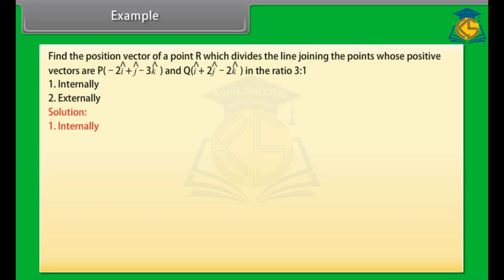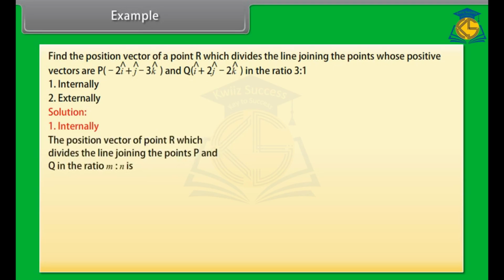Solution: 1 internally. The position vector of point R, which divides the line joining the points P and Q in the ratio m:n, is vector OR equals (m vector B plus n vector A) by (m plus n). Here, m equals 3, n equals 1. Vector A equals minus 2 cap i plus cap j minus 3 cap k.